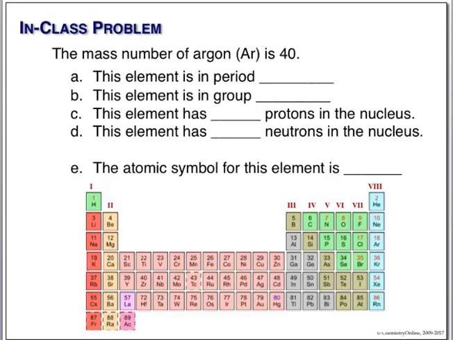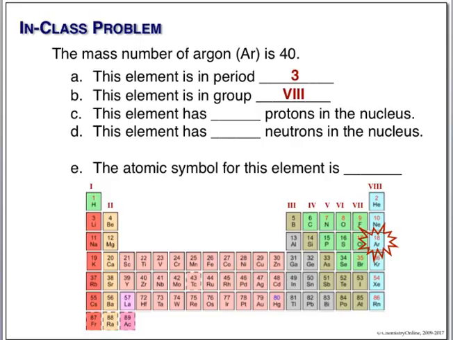Now remember, which are periods, which are groups. Groups go across, don't they? Periods go up and down. So we're dealing here with argon. So it's period 1, 2, 3. Likewise, it's in group 8.